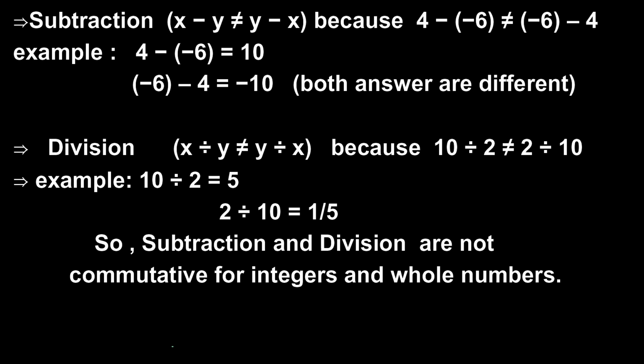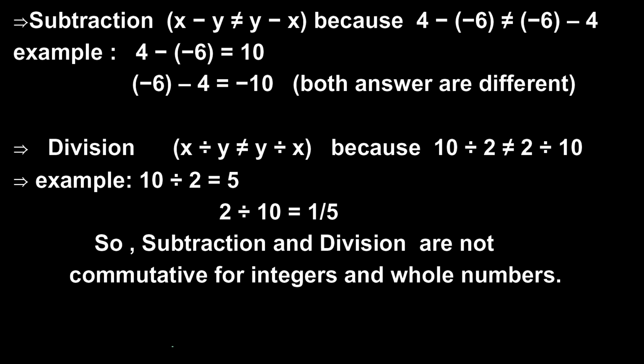But when we swap the numbers, putting minus 6 first and then minus 4, here minus minus becomes plus and the sign of the bigger number is to be applied. So minus 6 minus 4 is to be added, that becomes 10, and the sign of the bigger number comes to the 10. So you can see the first example gives the answer 10 positive, and the second gives minus 10.